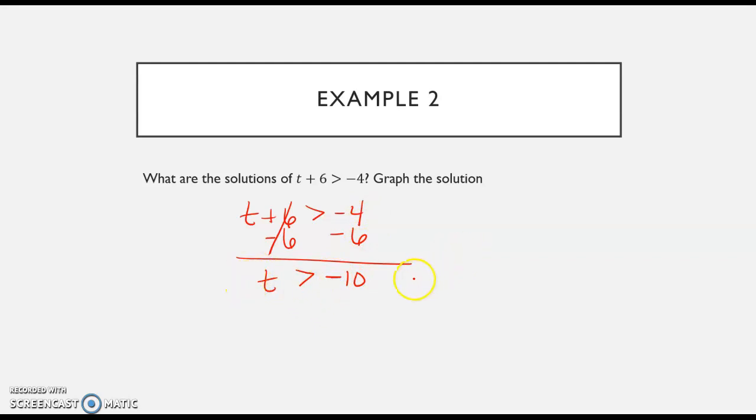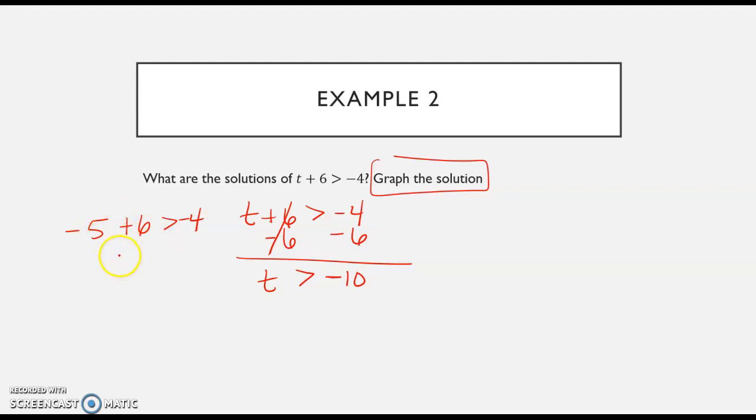All right, from here, again, I've got to graph that solution. But before I graph that solution, I'm going to double check. So if I choose anything greater than negative 10, so that's actually a negative that is smaller when we look at it than 10. So if I did say negative 5, negative 5 plus 6, I want to make sure that's greater than negative 4.